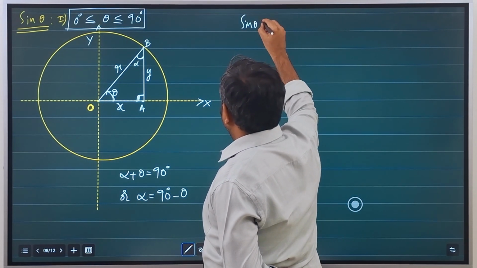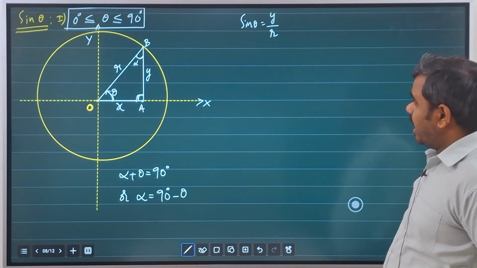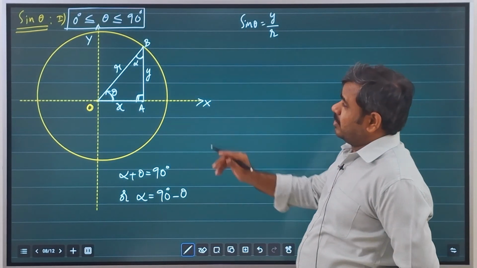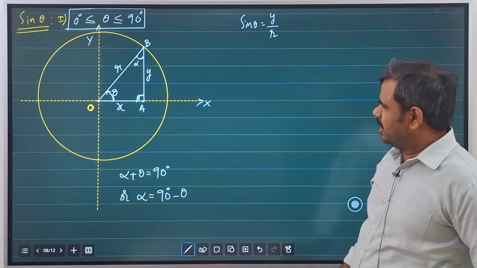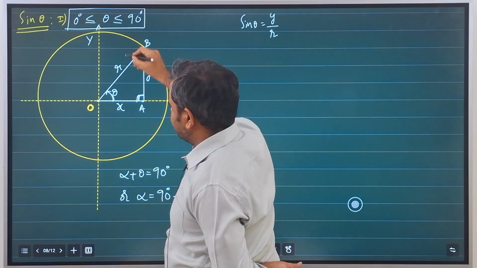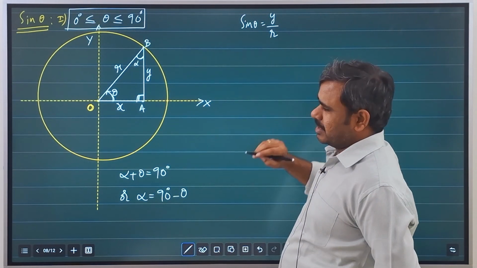Sin theta is equal to y by r. As theta increases, y increases, r is equal to 1 unit. As theta increases, y increases, hence sin theta also increases.